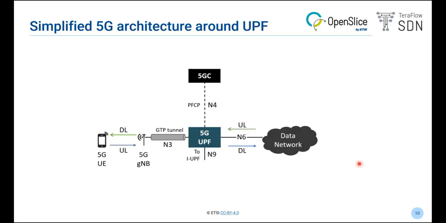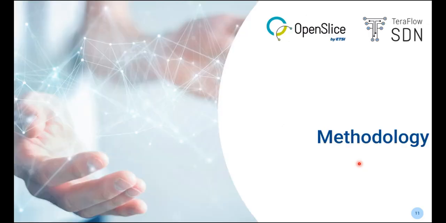And on the other side, the UPF has to decap the traffic and send it towards the data network on the one way. And on the way back, it does the reverse. So it's a kind of a router, basically. So this is overall how a simplified UPF works in 5G.